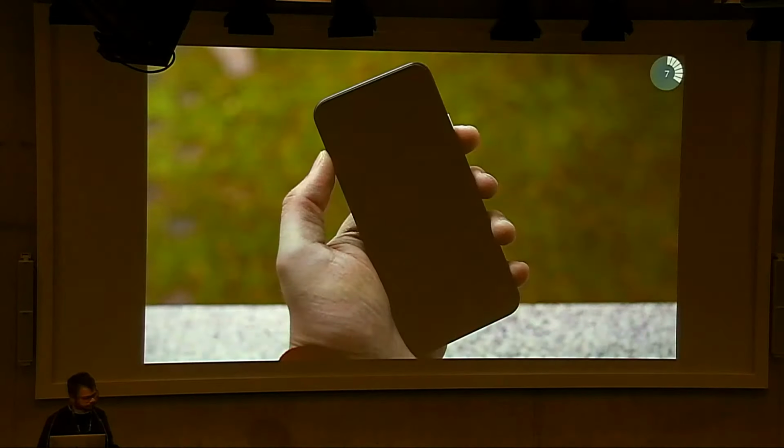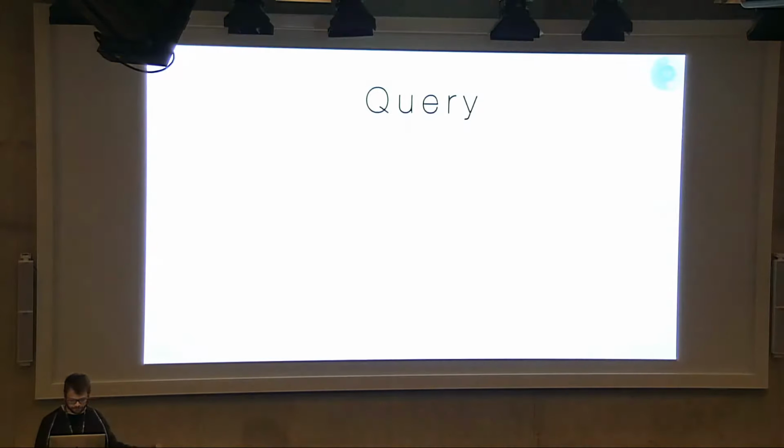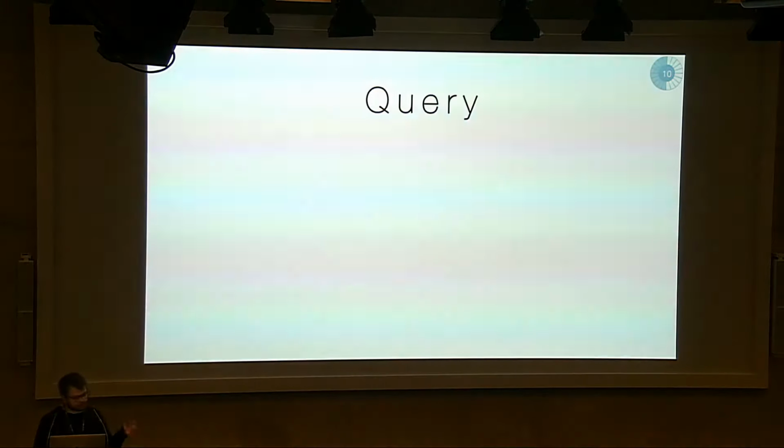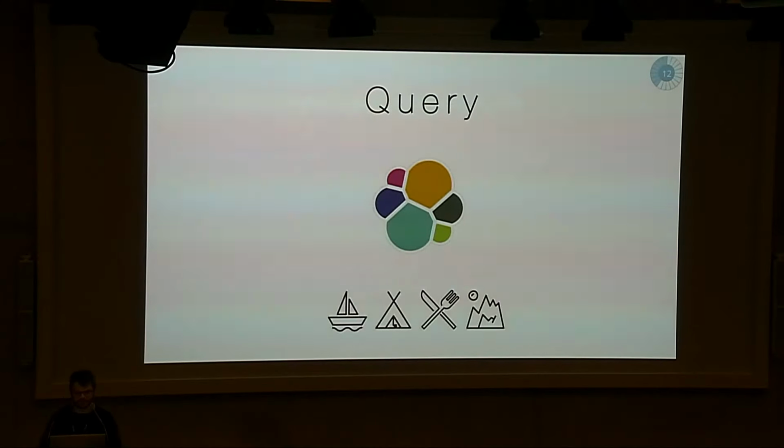How does it work? Simply, we take our phone, we ask the app what we want to do, and the app provides an itinerary for what we want to do. It takes the query, it's computed by Elasticsearch, and then a set of possible activities for our user is computed.